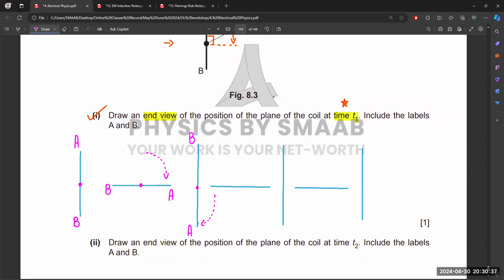After further rotation, we got point A over here, B over here. Now again after rotation, we again get the same position A, B, and it will continue, right? So this is the idea of AC. Simple.